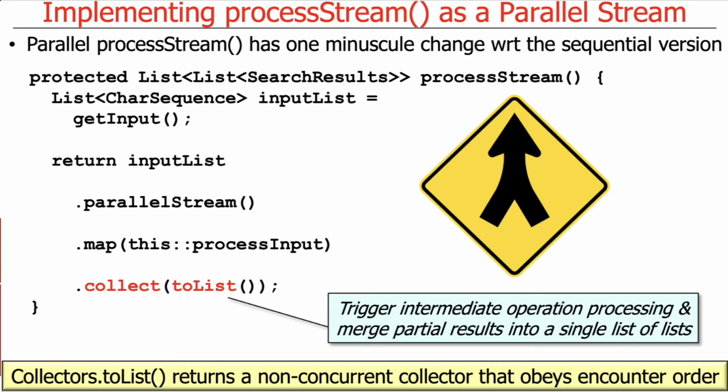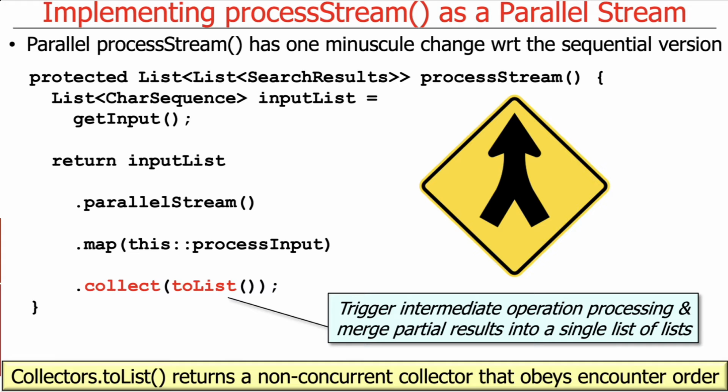So toList is a factory method that creates an array list implementation. And without getting too far down the rabbit hole here, toList is a factory method on the Collectors Java utility class, which returns a so-called non-concurrent collector that obeys the encounter order.